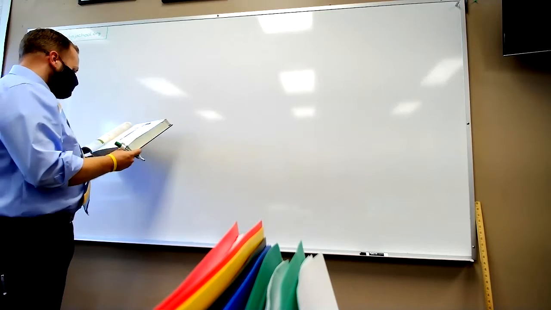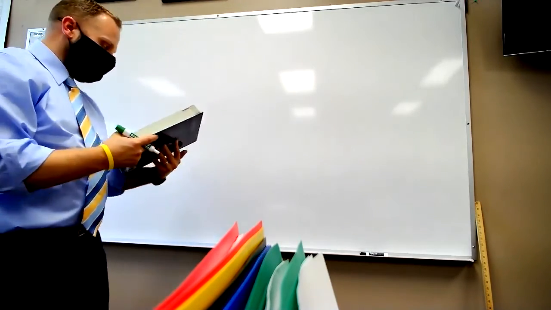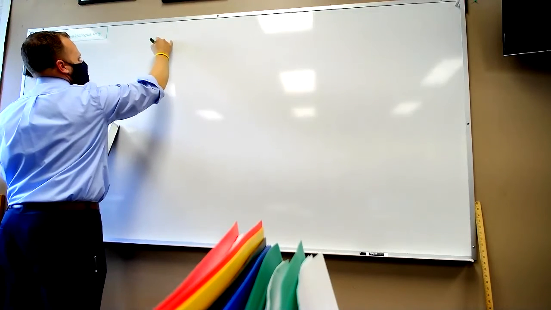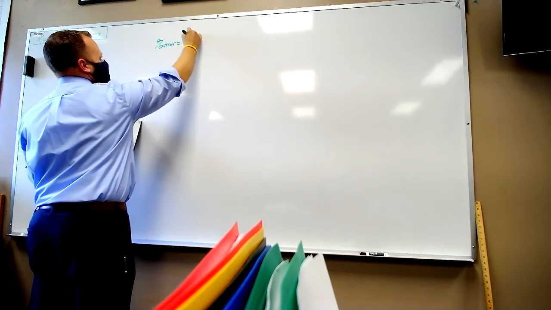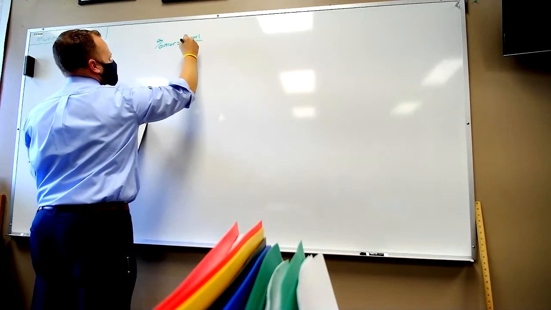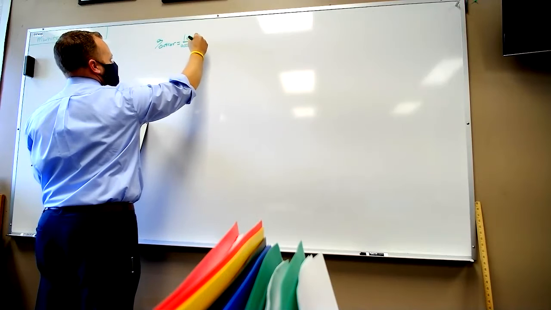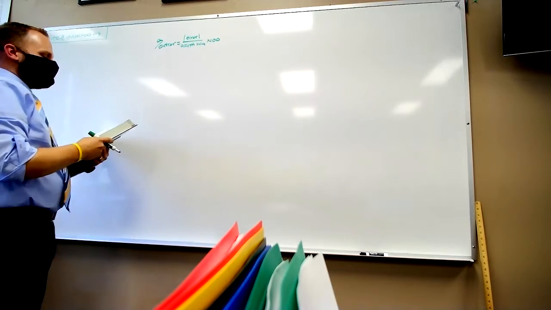Okay. Report your answers to 2 places after the decimal point. So we have our equation. So our percent error, remember, is the absolute value of the error divided by the accepted value times 100.